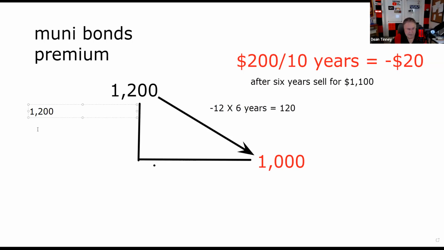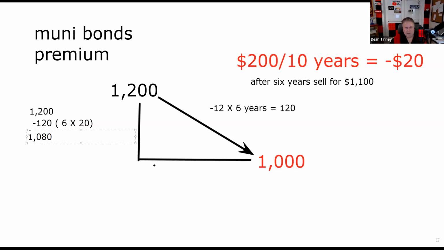I have adjusted that by 120. Remember that 120 is the 6 years at $20 per pop. Boom. And so my adjusted cost base is 1,080. So actually the answer to the question is that I have a $20 gain because I have adjusted this cost base, right?